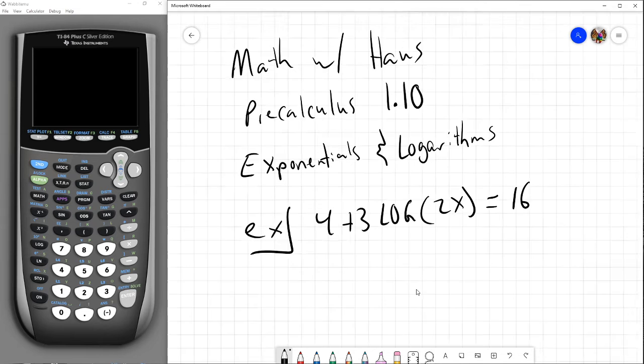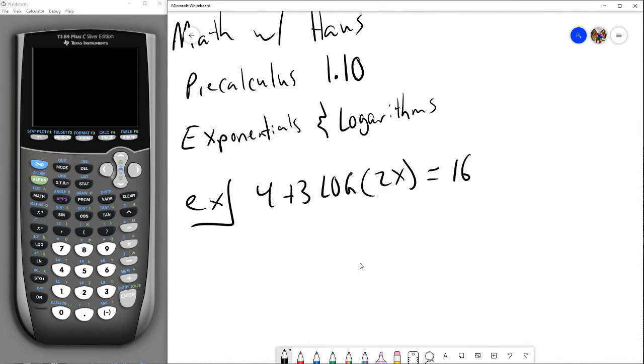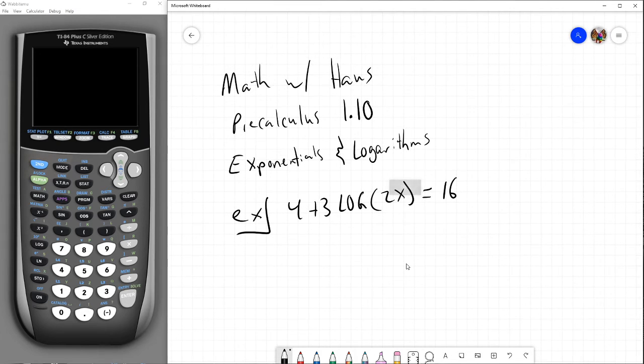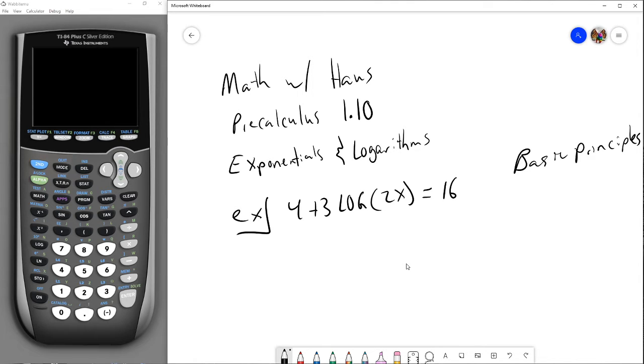Now, the basic principles of solving our logarithms will be the same as with exponentials. So let's get our basic principles. Our first principle is going to be isolating the log.